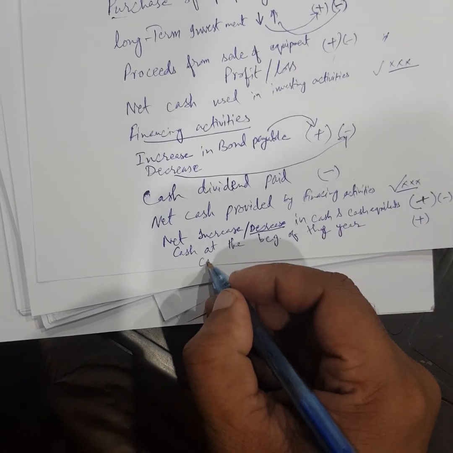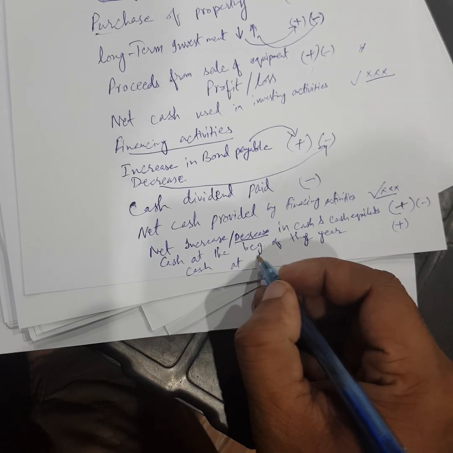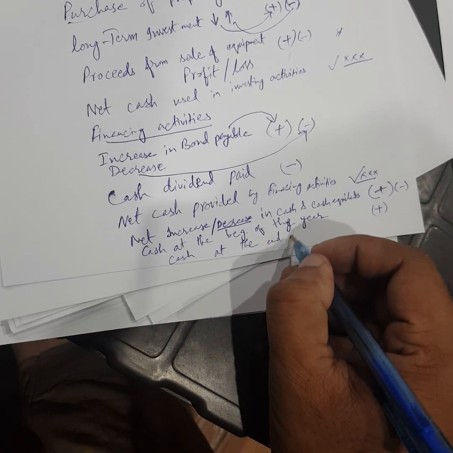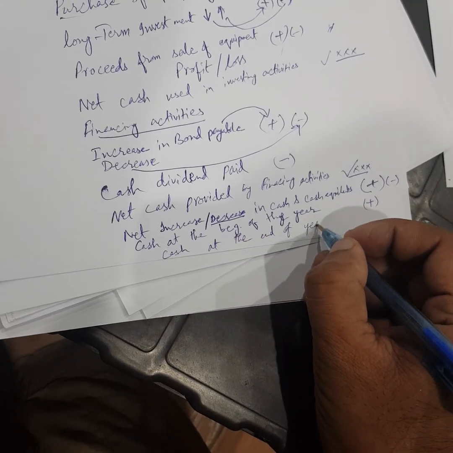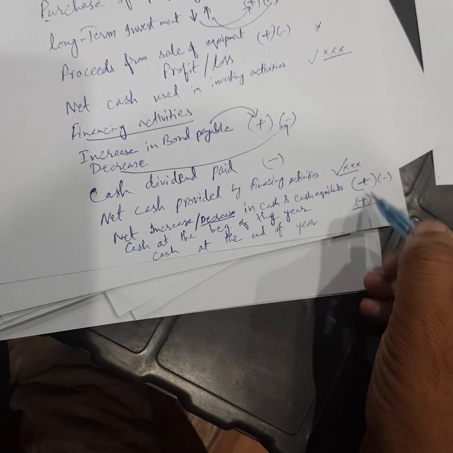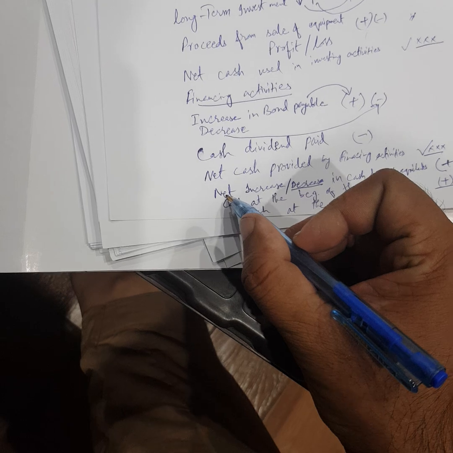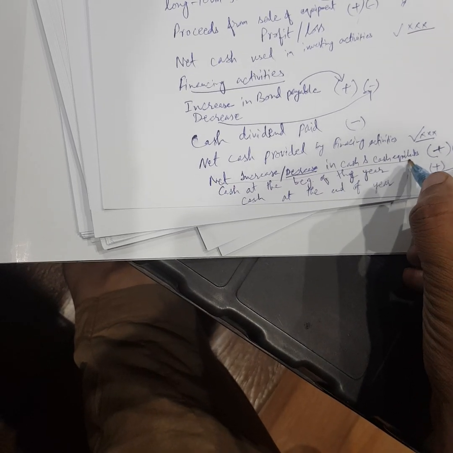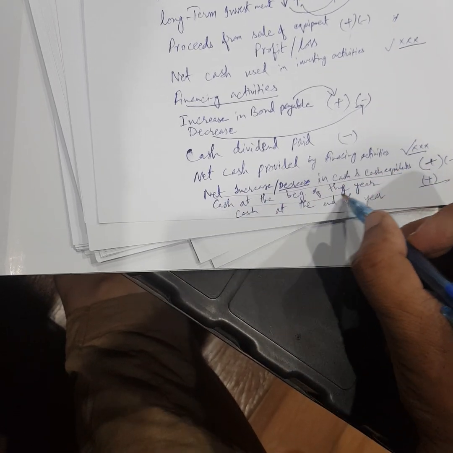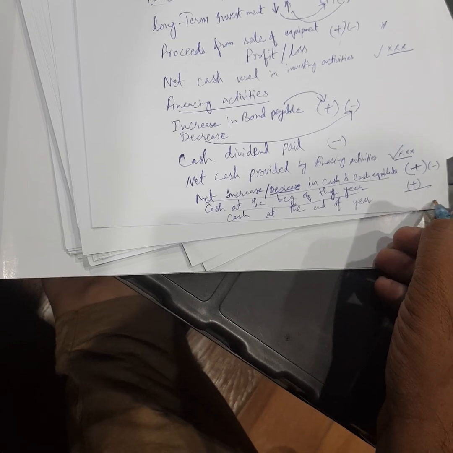So we will write cash at the end of year. By adding these two terms, the net increase or decrease in cash equivalents and the cash at the beginning of the year, we will be able to get cash at the end of the year.